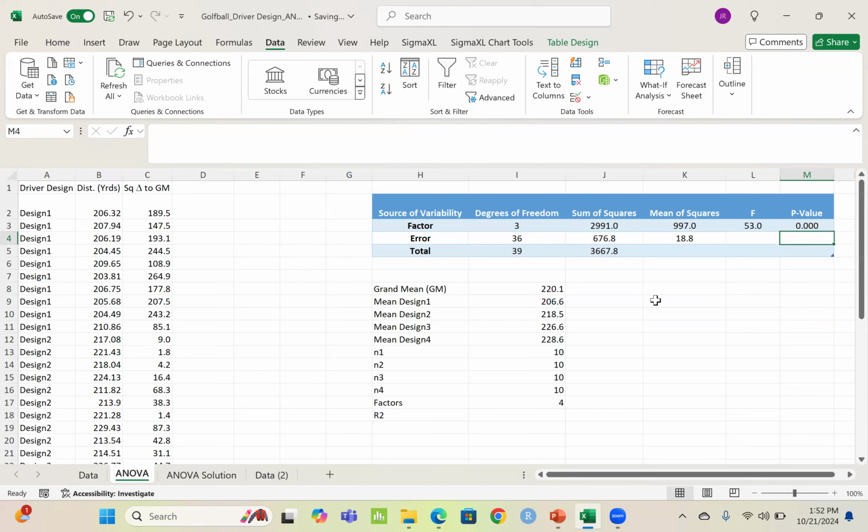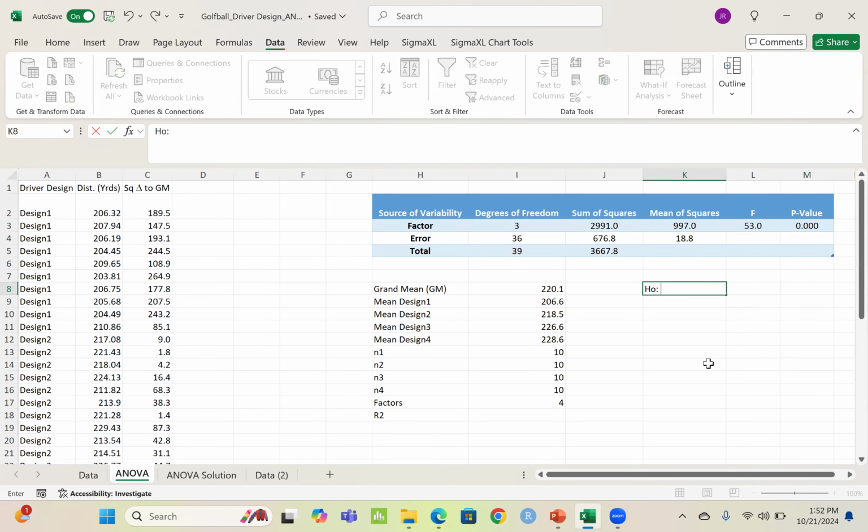So my p-value is low. And if you remember, the way we constructed our null hypothesis here was that all driver means are equal.